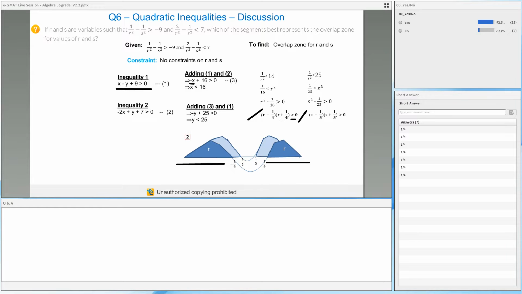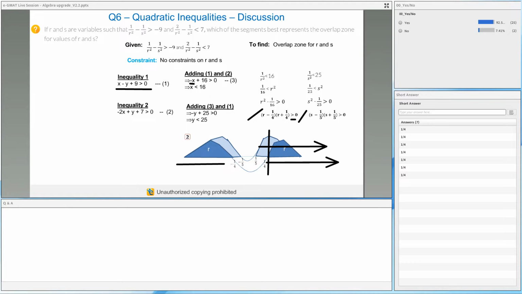Now since I'm looking at the overlap region, the region where both these values will satisfy, visualize it in this way: s is starting from 1 by 5 and moving till infinity, and s is starting from 1 by 4 and moving till infinity. So the common part, at least on the right hand side, is starting from 1 by 4 only.